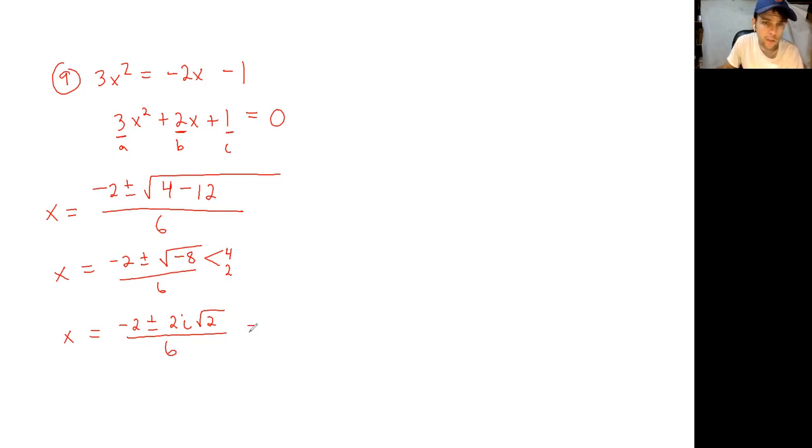They're all divisible by 2. So by doing that, I'm going to get -1 plus or minus i root 2 over 3. I divided all of these by 2. And this would be my two exact solutions. -1 plus i root 2 over 3, -1 minus i root 2 over 3. All right.